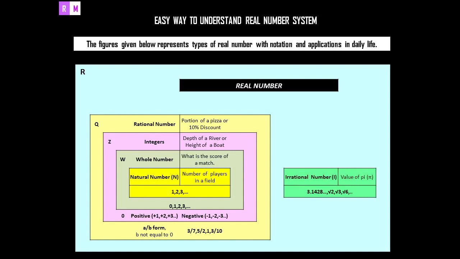It can be denoted with capital letter I, and it consists of non-terminating, non-repeating, long decimal numbers, like the value of pi, 3.1428, or √2, √7, √17. These are irrational numbers. I think as of now all of you will have a clear idea about real numbers from this given picture.